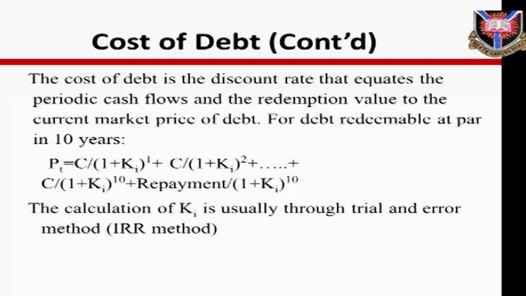An alternative appropriate formula is given as K1 equals (1 minus T) times [R plus (1 over N) times (F minus P)] divided by [(F plus P) over 2], where F equals face value of the debt instrument, P is the price at which the debt is sold or issued, R equals fixed interest charges, N is the number of years to maturity, and (1 over N)(F minus P) equals amortization of premium or discount.